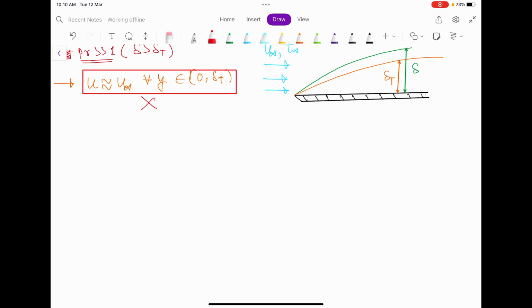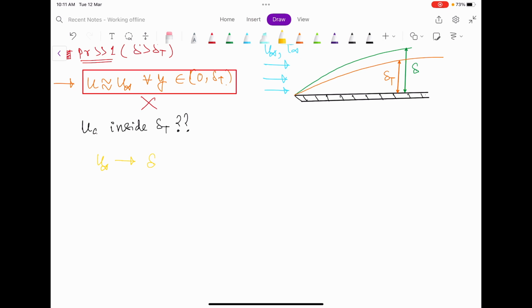So let us now see what assumption we will take. The main task now is, what will be the velocity scale inside the thermal boundary layer? This is our question. So here we take an assumption: u infinity is the velocity scale for the hydrodynamic boundary layer.